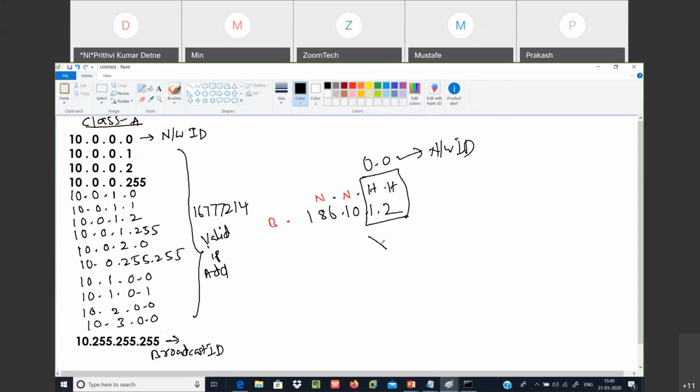In the host portion, if we make it 255, it's the broadcast ID. This logic applies to class A, class B and class C. Zeros in the host portion is the network ID. 255 in the host portion is the broadcast ID.